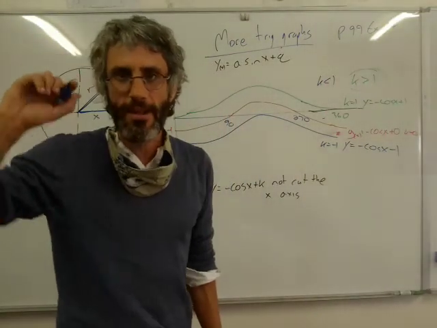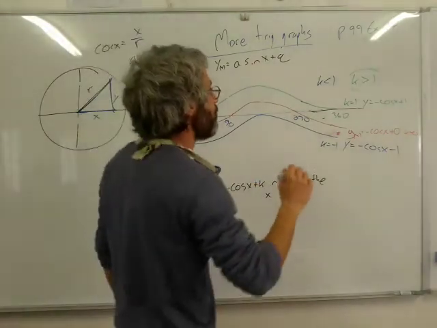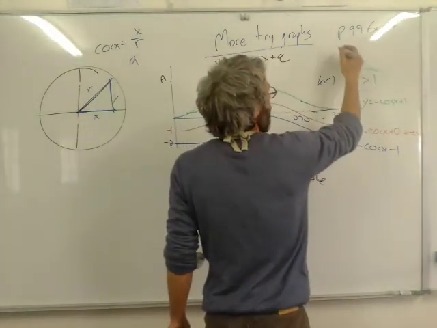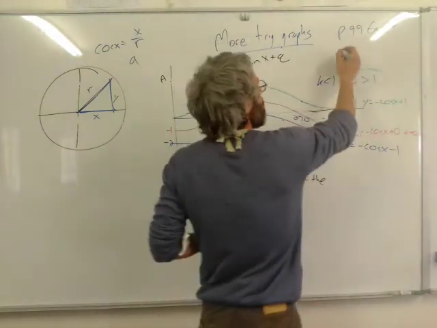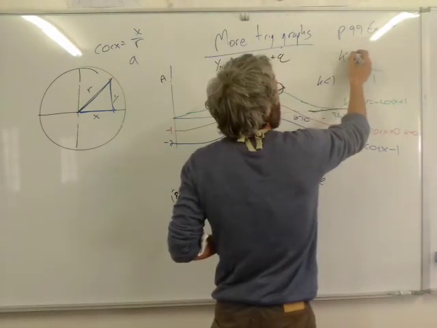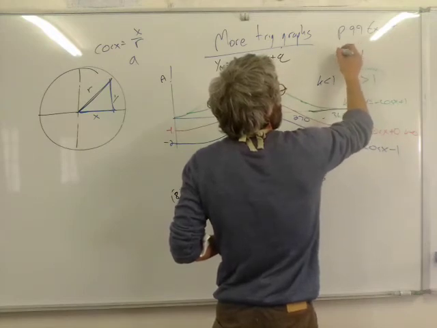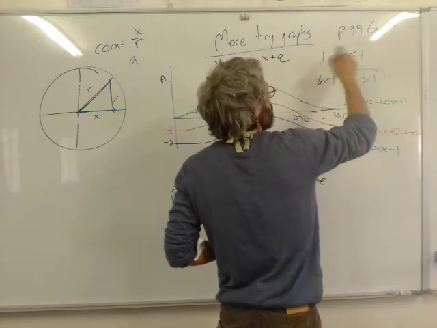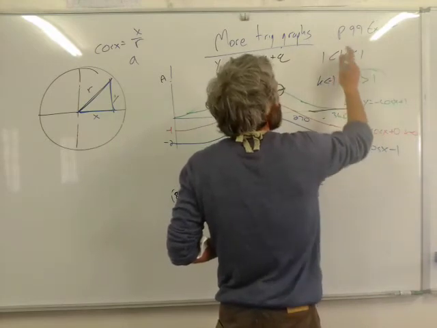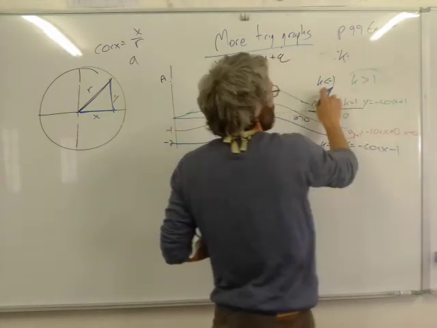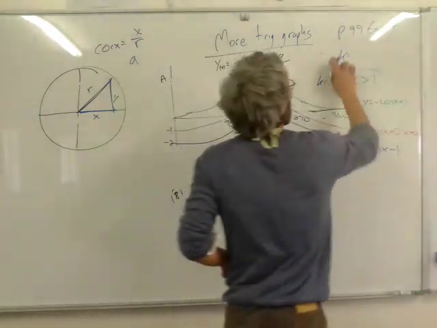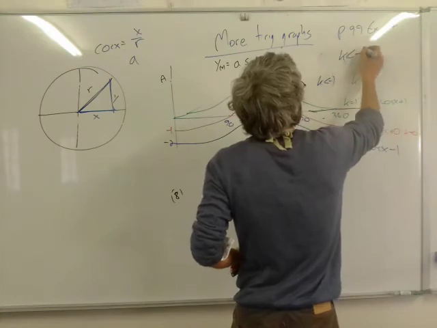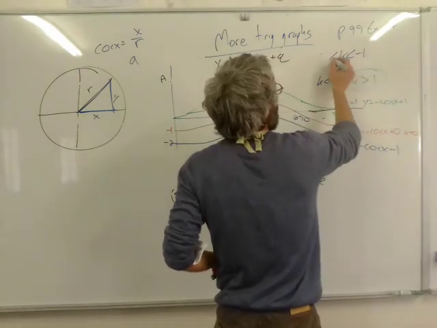Now, here I've got to be a bit careful, and this is a common mistake people make. Some people might write k smaller than minus 1 and k larger than 1.